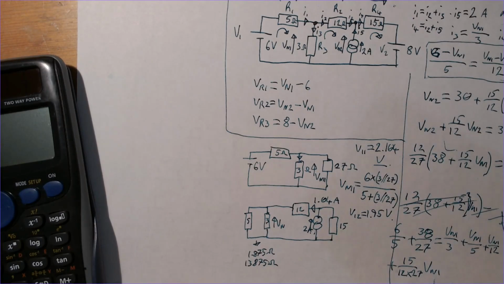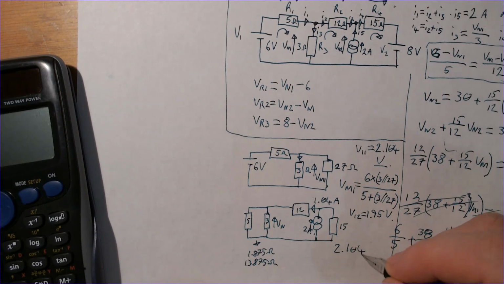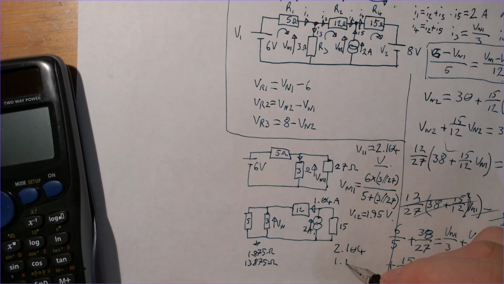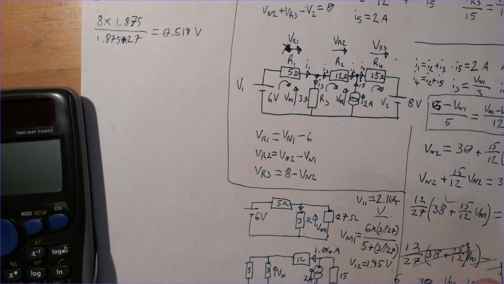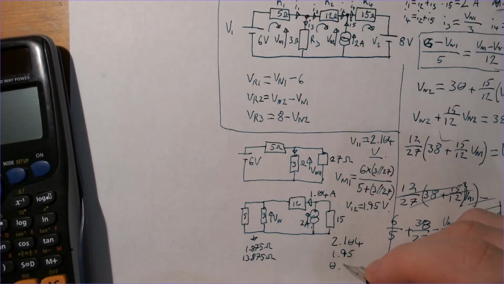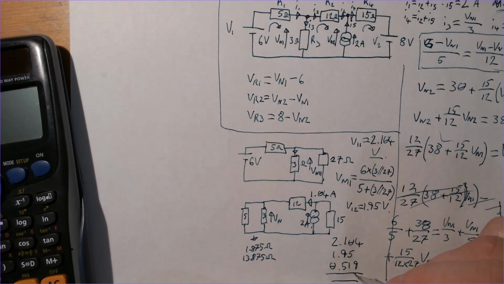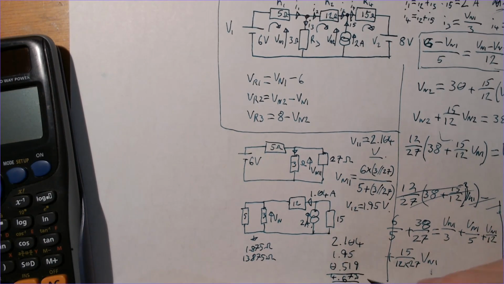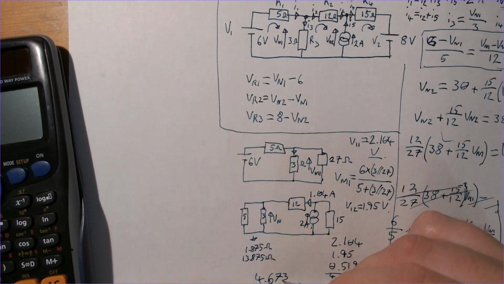So then we add these three up: 2.104, 1.95 and 0.519, and we get 4.673 volts.